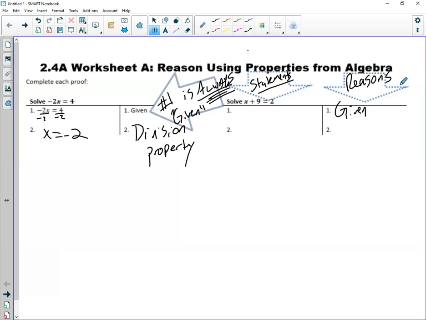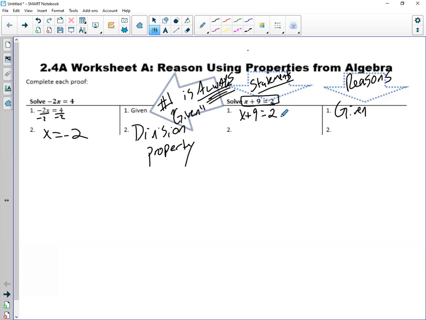Okay, the next thing for this problem on the right, the next thing that you have to do with your proofs is this statement right here is what you're using to work with. Whatever you are given at the beginning of a problem goes in number one. So this would be x plus 9 equals 2.